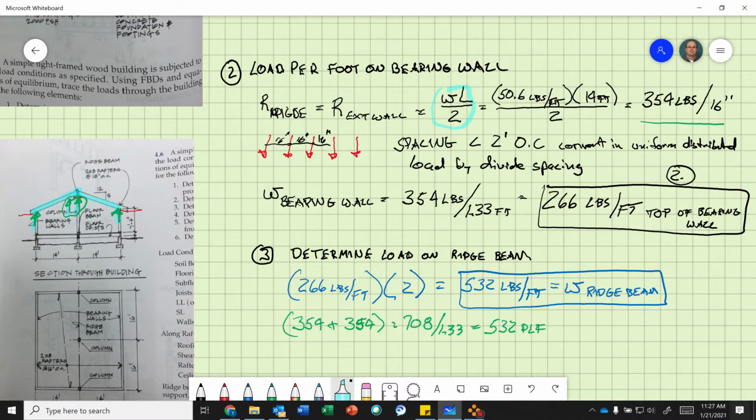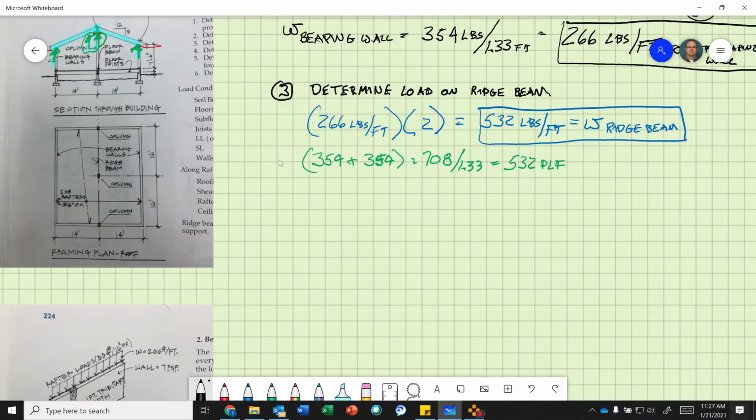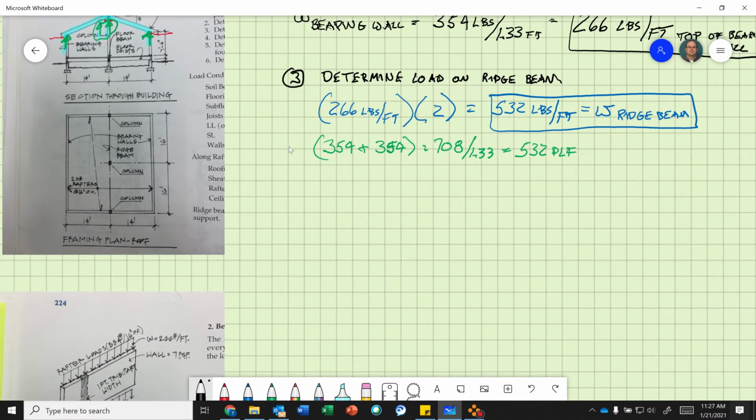All right. Number 4, determine the column loads. All right, so determine the column loads. So let me scroll down here. So let's look at this floor plan here. Column loads. So we have a column here, we have a column here, and we have a column there.